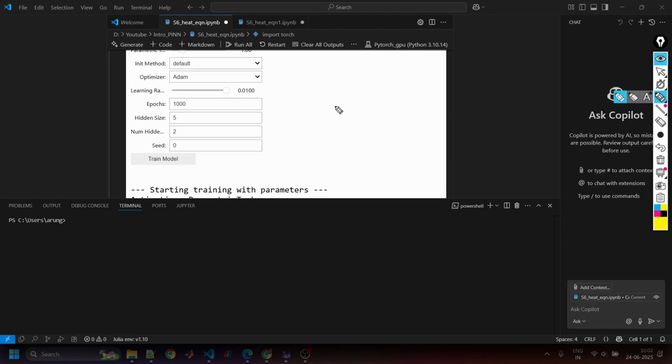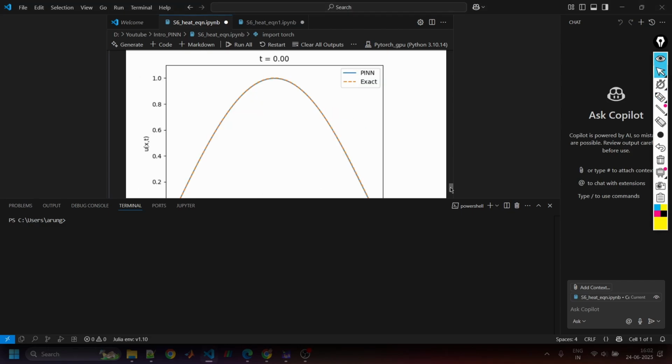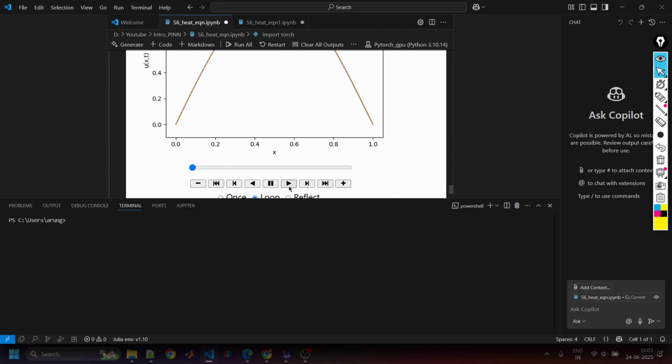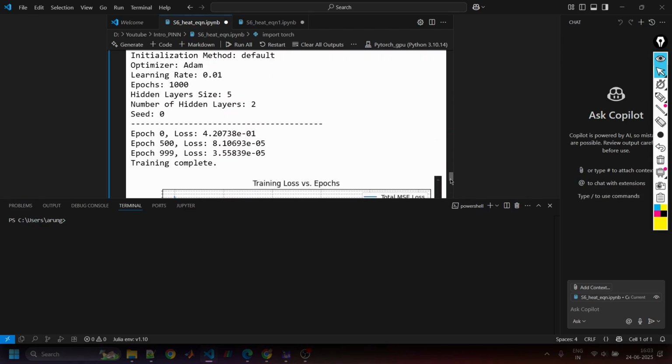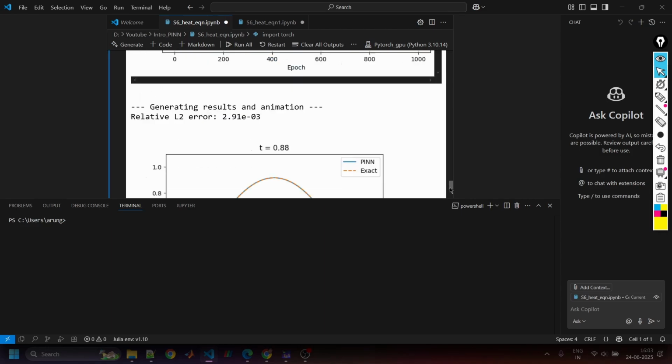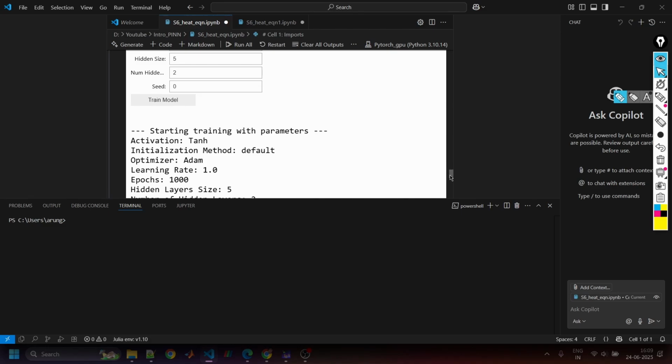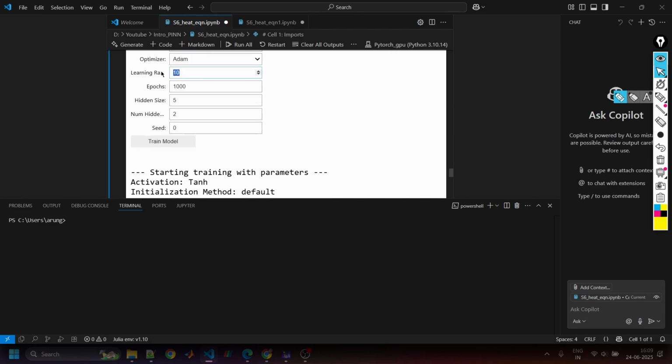Because if we go for very low learning rate, the learning rate is just how much leap we give every epoch, so it may take a very long time to reach the global minimum or local minimum. In this case, it got a better result when we use the learning rate 0.1. It's better than when we use 1e-3. That's very interesting.